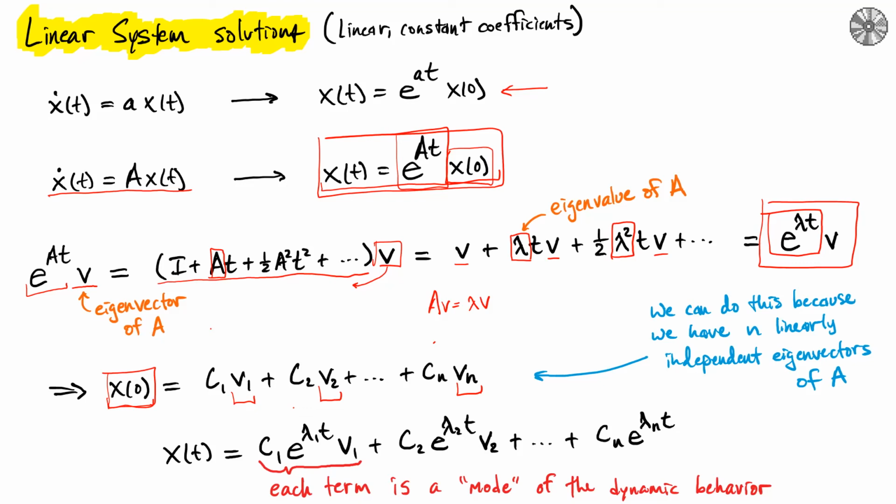So x of 0 can be expressed in terms of all of the eigenvectors of A.